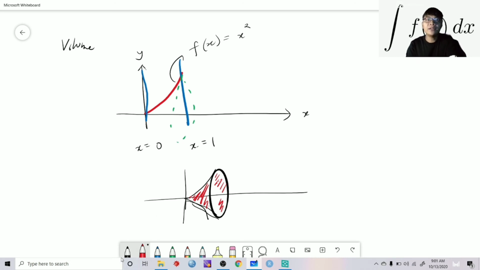So imagine that this is kind of a cone, and we need to get the volume of this kind of solid. So this looks like this. So this is a solid figure.